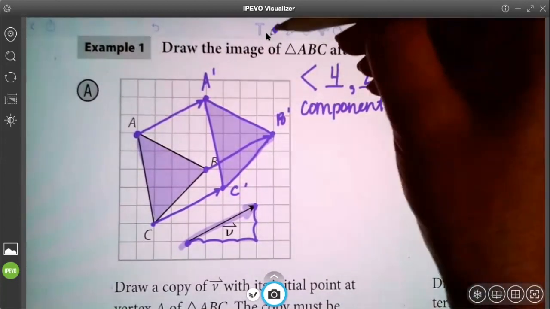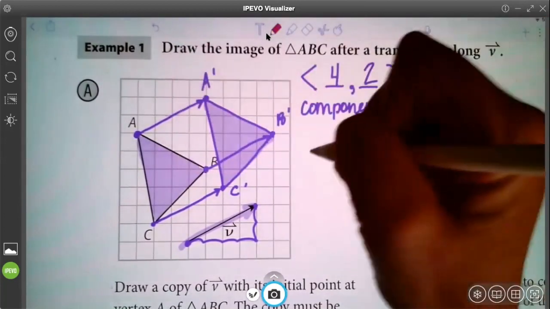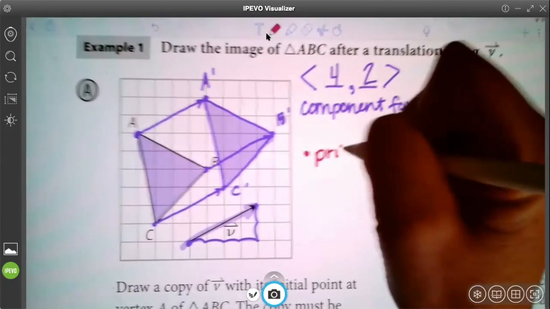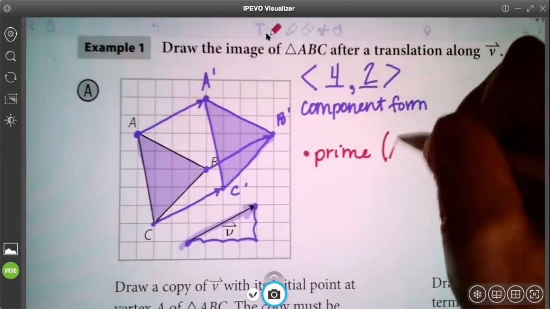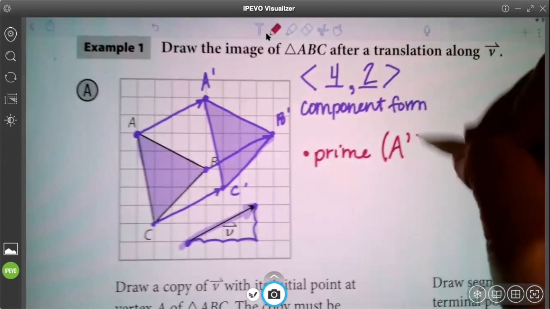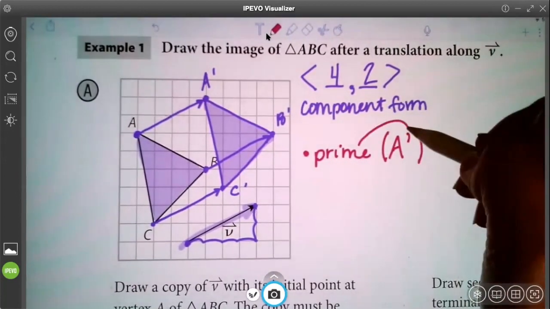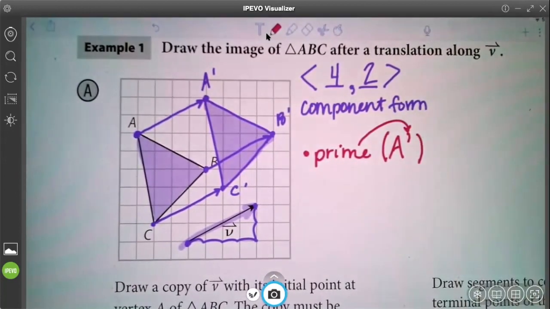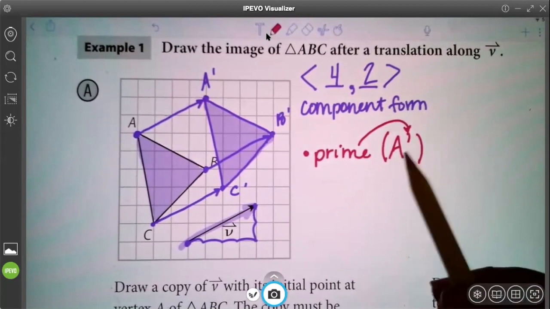There are several different ways that we could know that A prime, B prime, C prime is the changed version, the image, rather than the pre-image. The first of those is to look for the prime notation. This little apostrophe up here means prime, and those points will let you know that that is the changed version. Some kind of transformation has been done to turn A into something else, A prime.